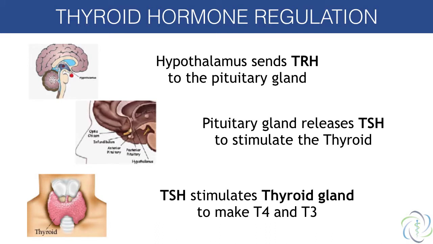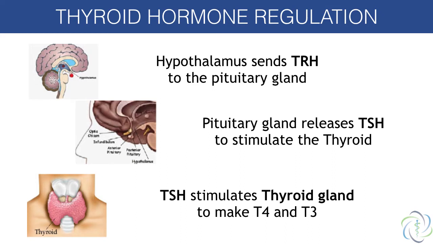Let's talk a little bit about thyroid hormone regulation. A tiny area in the brain, a very important tiny area called the hypothalamus, sends a signal to the pituitary gland. In response to this signal, the pituitary gland, which sits at the base of the brain, releases TSH, or thyroid stimulating hormone, in order to stimulate the thyroid gland to produce hormones.